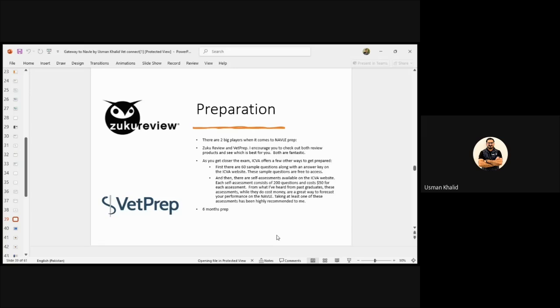It's your choice, because everyone has their own choice, and both of them basically cover the ICVA given list, because the ICVA given list is the most important thing that you need to cover. Zuku and Web Prep cover 98, 99% of that list. Maybe you can find some things that are not covered here, or you can consult different sources that I will talk about later.